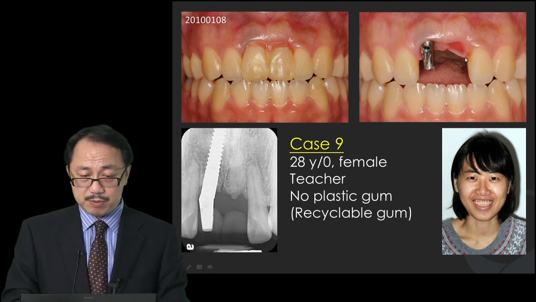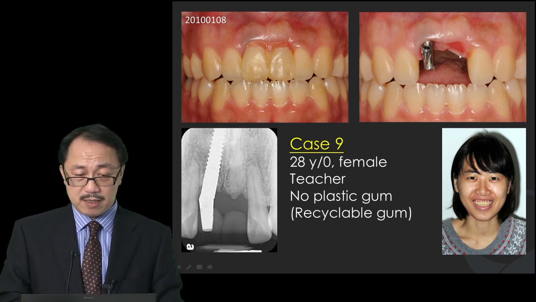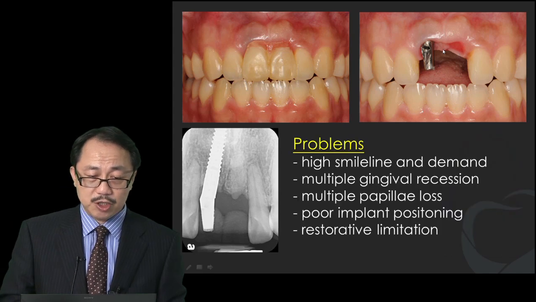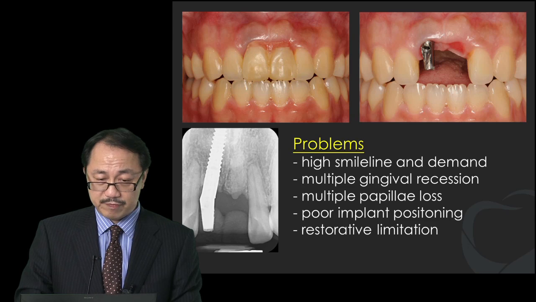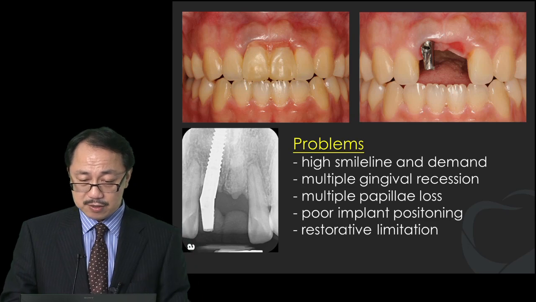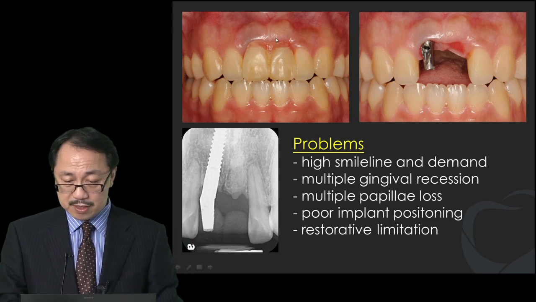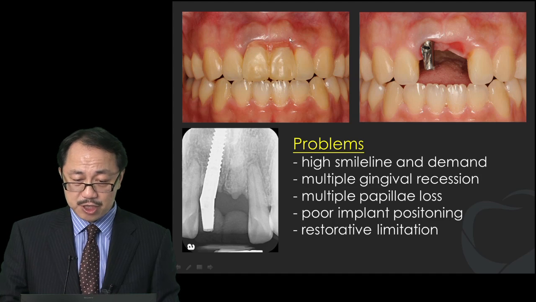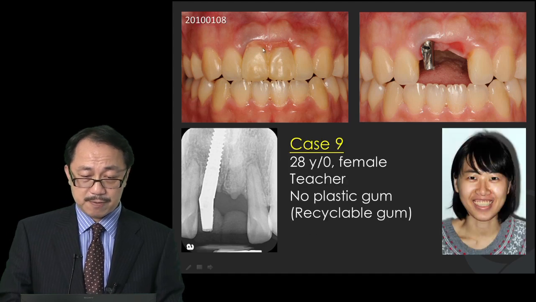The patient was complaining of the appearance of the margin of the plastic provisional, that during her smile she can visualize it, and she would like to have it changed to a better looking one.